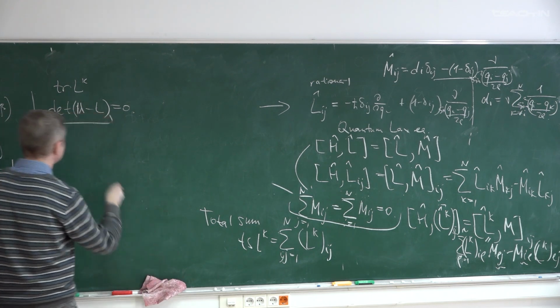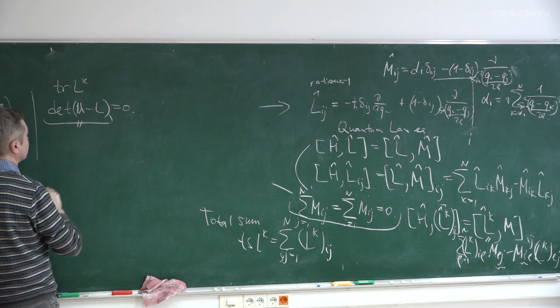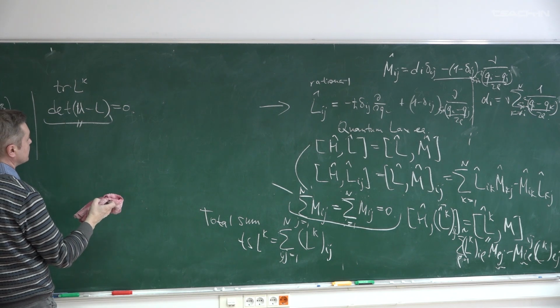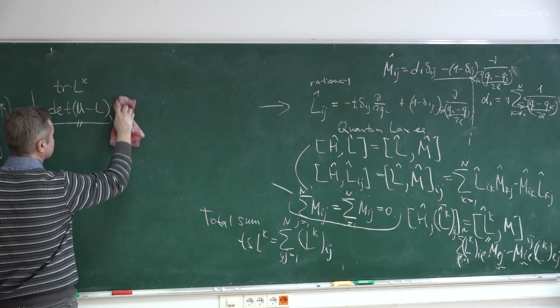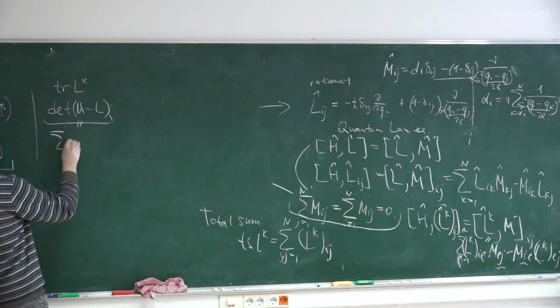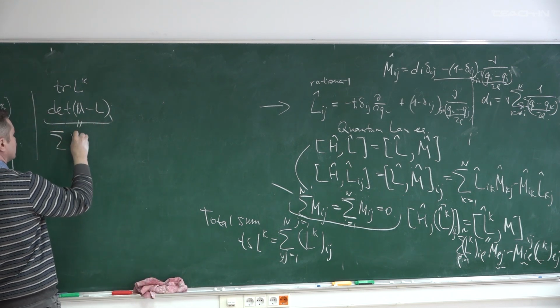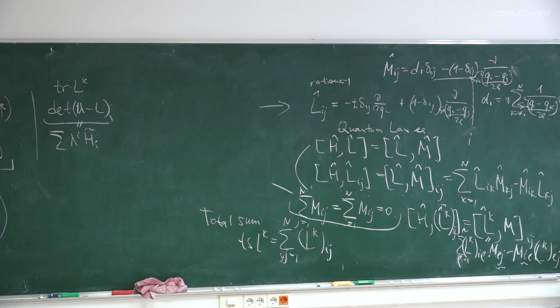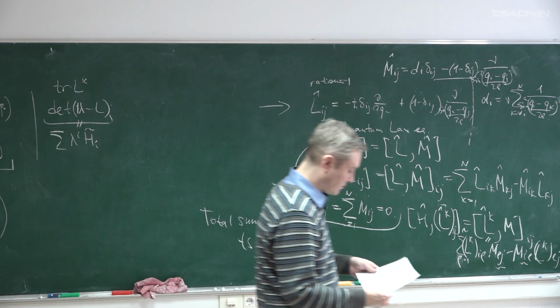Maybe we don't even need the characteristic equation, but just this determinant, which is a generating function of also some Hamiltonians, because they are just the coefficients of the characteristic polynomial that can be expressed through the traces of powers. Obviously.